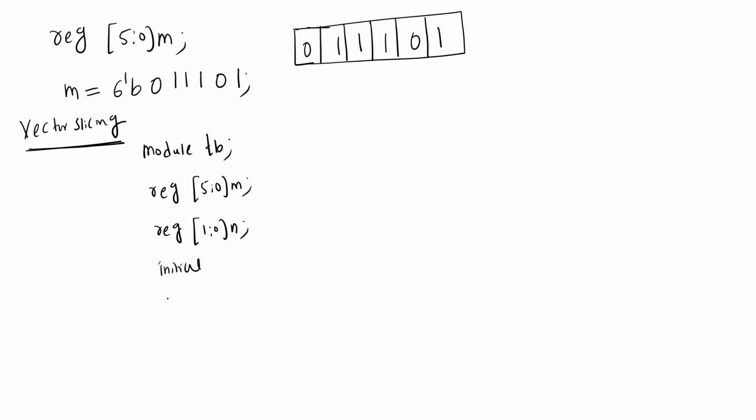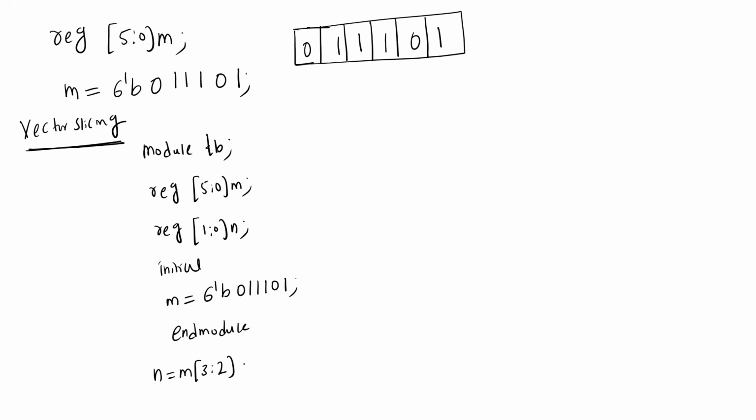Initial m equal to 6 tick binary. So whatever the value is there, I'm initializing 0, triple one, 0, 1, 0, triple one, and 0, 1. End module. Like this, I'm writing. Suppose if I give n equal to m 3 down to 2.